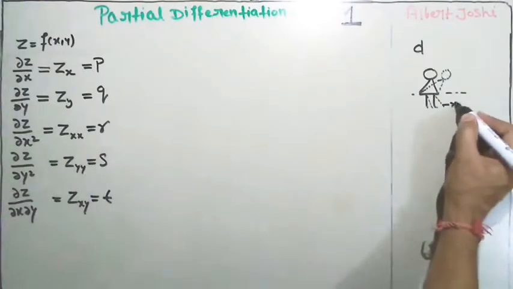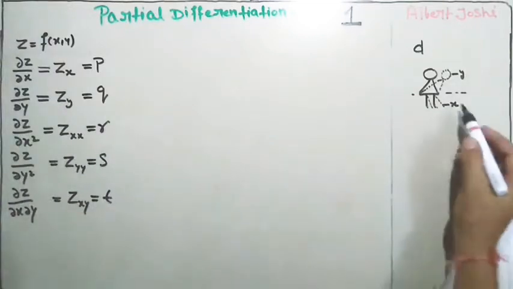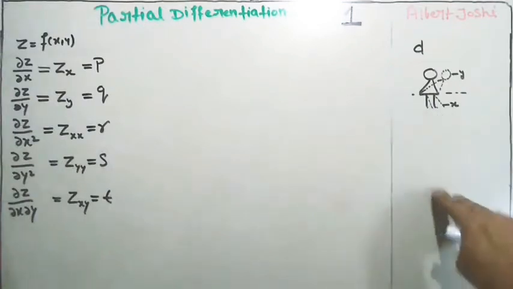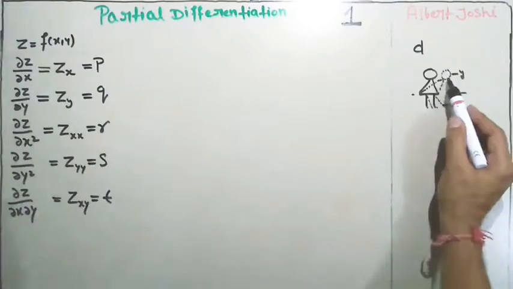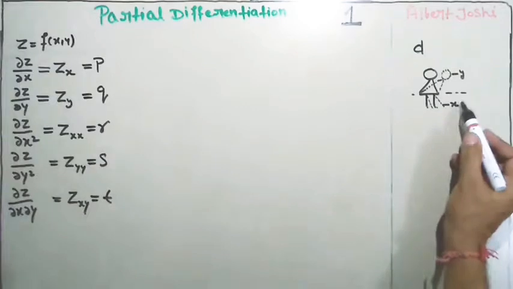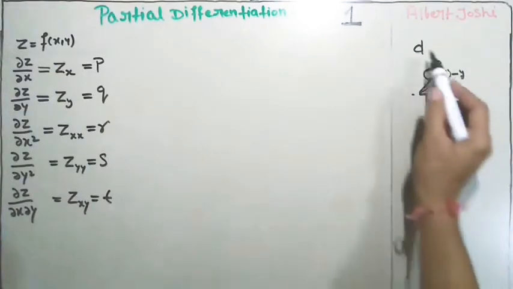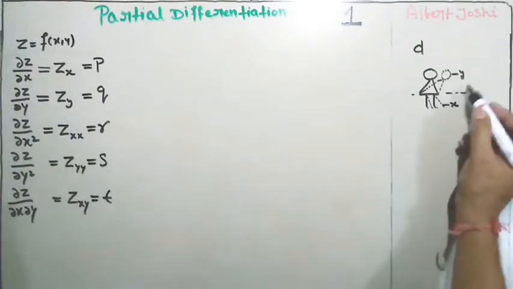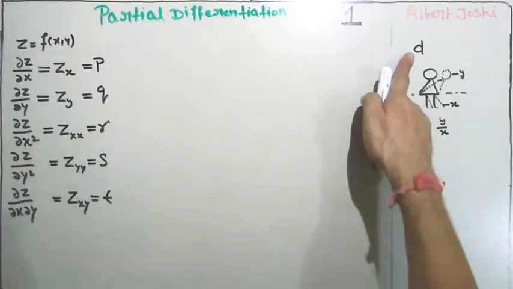Suppose the leg is representing X and the head is representing Y. Whenever you are walking, your upper portion is also moving. According to your lower portion, how much your upper portion is moving, that ratio is called D, derivative. So Y upon X, this ratio is called derivative.